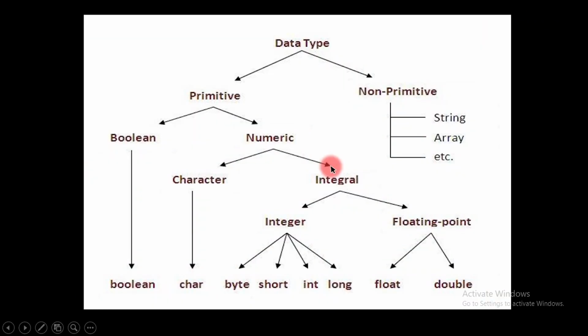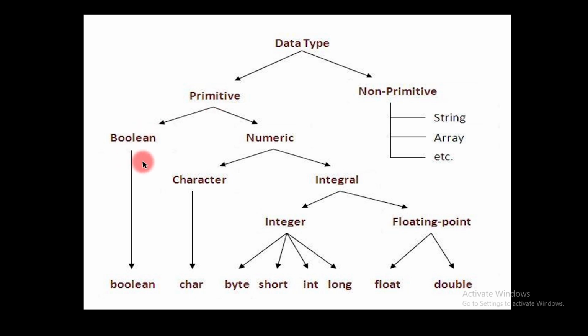Now let's come to data types. As I said, a data type just defines the type of the data that can be stored or held by a variable. We have two types of data type. We have primitive data types and non-primitive data types. Primitive data types are also value types, which means they store the value inside the variables, right? And they are predefined by Java.